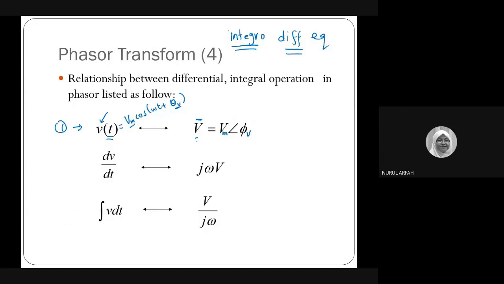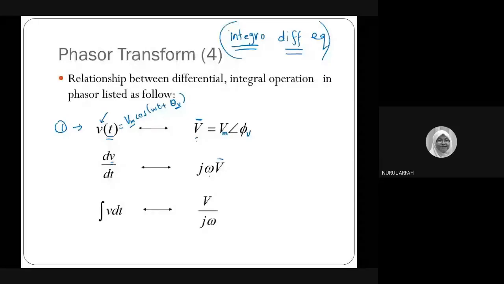Integral differential is that they actually apply if you have a differentiation in your equation. Let's say this is with respect to signal V, dV dt. And then you can actually just replace this thing with a J angular frequency of V bar here, something like this.